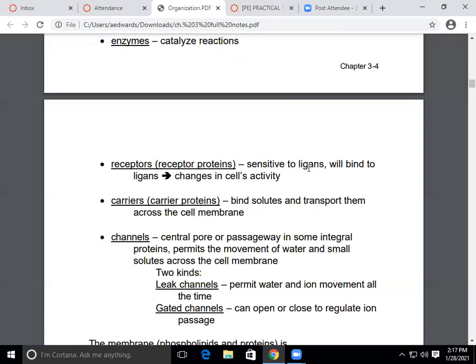They're sensitive to ligands, and they will bind to them and change the activity of the cell. It's similar to what we talked about with the recognition proteins, seeing if something is bad, but you have receptors that really are looking out for specific things that you might need. So similar in that respect.